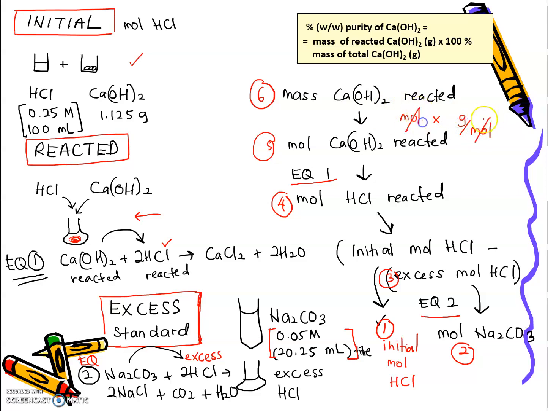Okay, kita dapat tahu gram analyte react. Okay, 7. After you find mass calcium hydroxide reacted, put into the formula to find weight per weight purity of calcium hydroxide. So mass of analyte reacted divided by total sample, times 100%. So the purity means how many analyte react in sample.